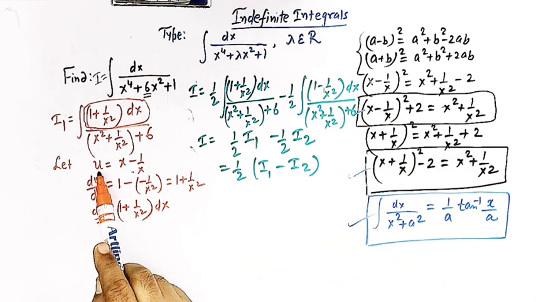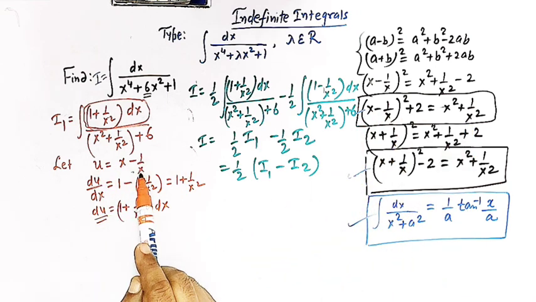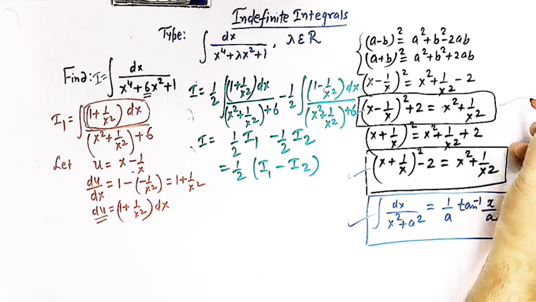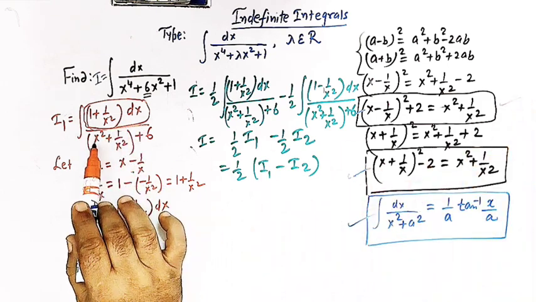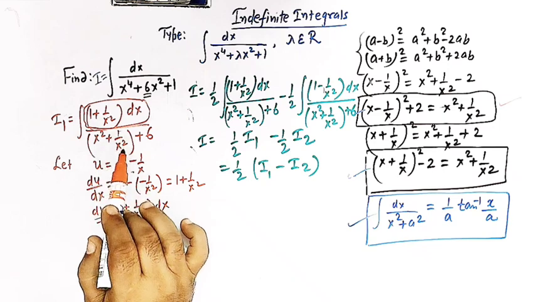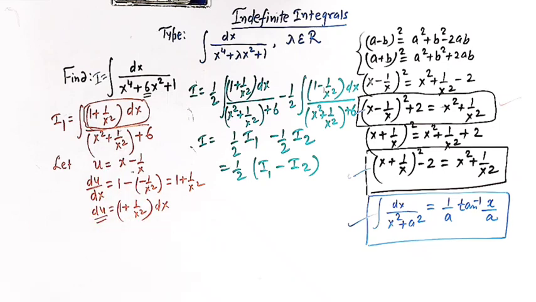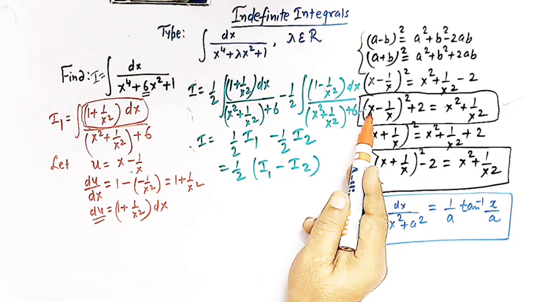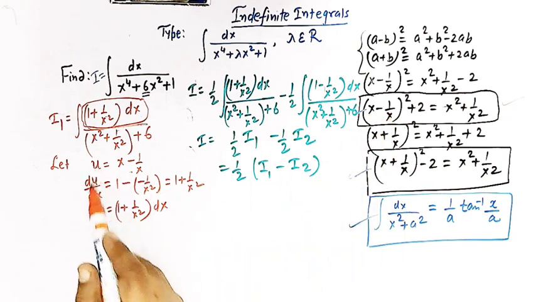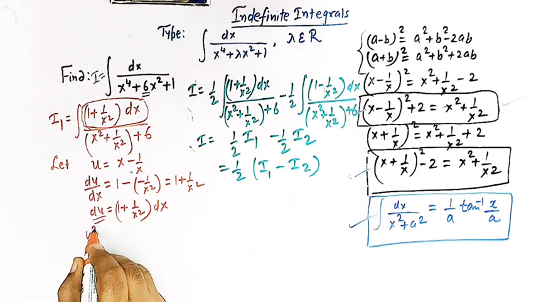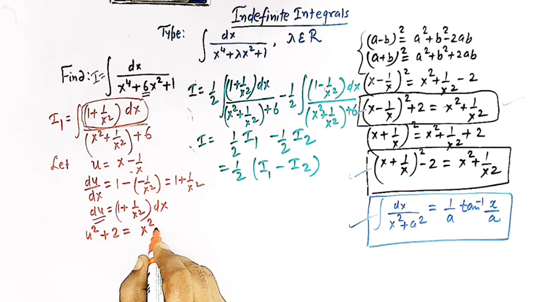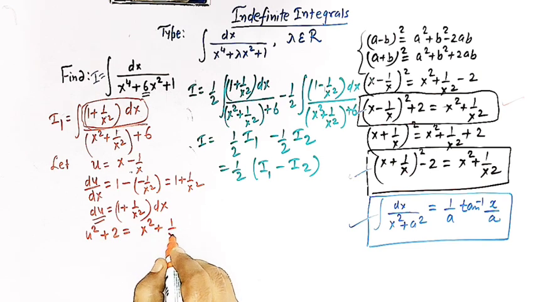Because here we are taking u is equal to x minus 1 over x, so we'll make use of this expression to express x square plus 1 over x square in terms of u. So taking x minus 1 over x as u, we can write u square plus 2 is equal to x square plus 1 over x square.